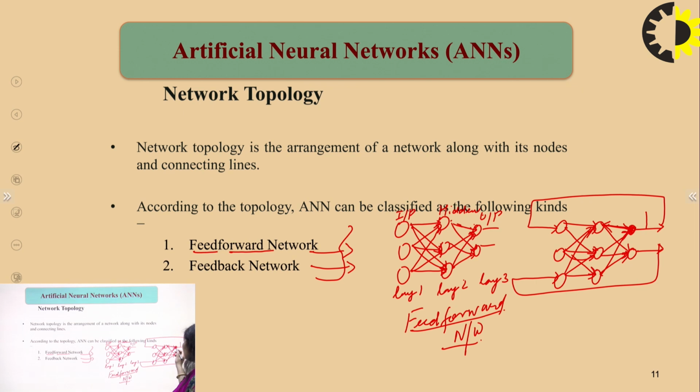That is another kind of architecture, called a fully feedback network. And the one which I have drawn here, where we connect the final output layer with the input layer, is called the Jordan architecture or Jordan network. These types are called Jordan networks.